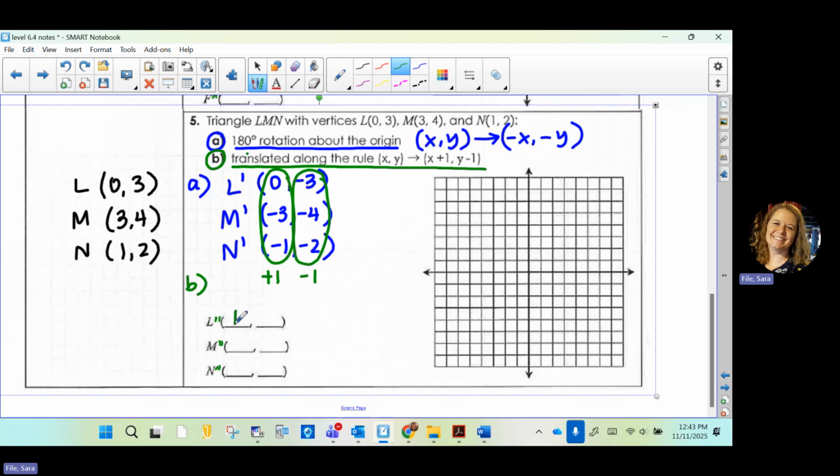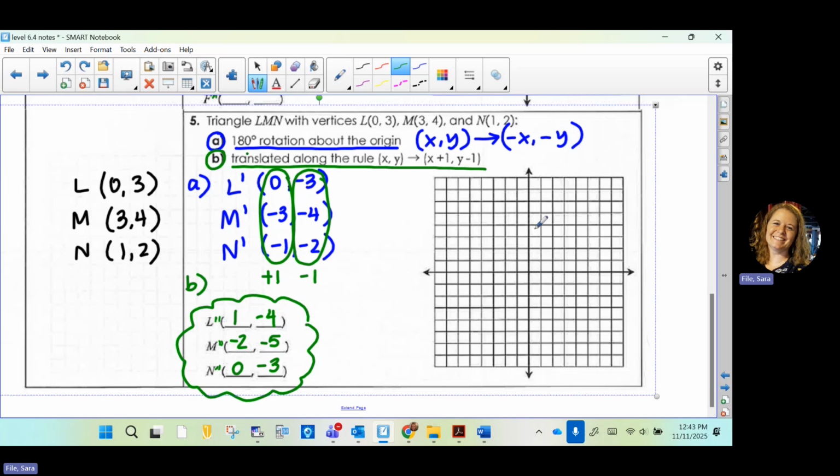So this will be 1, negative 2, and 0. I'm going to take all my y's and subtract 1. So this would be negative 4, negative 5, and negative 3. And those would be my final points after the composite, after both transformations.